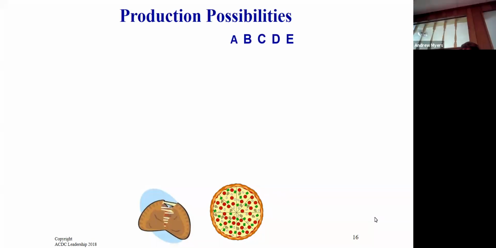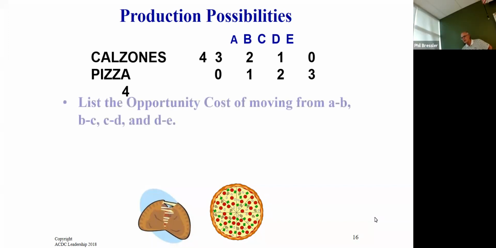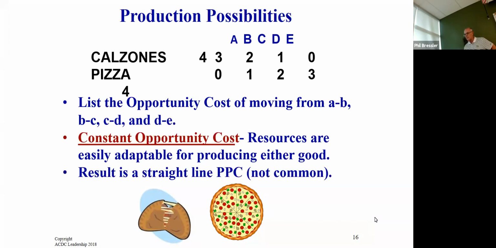It's constant. And about the resources? They can be used at the same ratio. Yeah, easily adaptable. Good job. So resources are easily adaptable, and the opportunity cost is constant. That's the straight line.